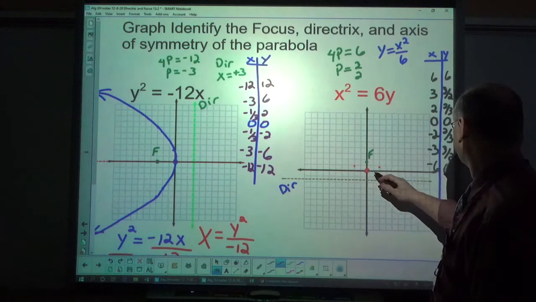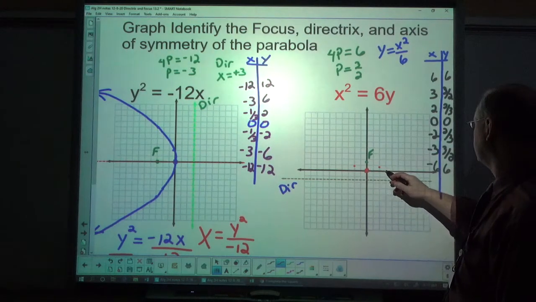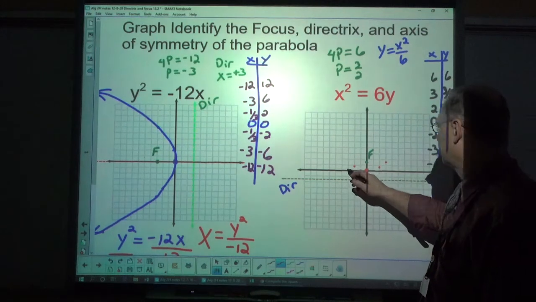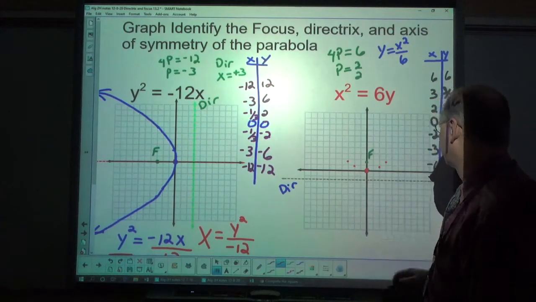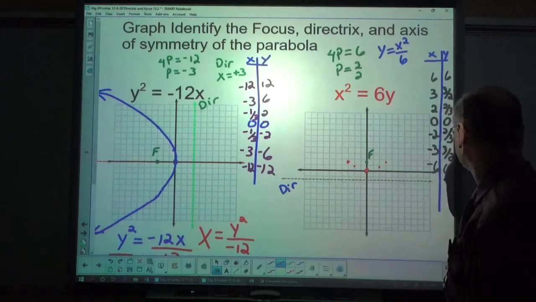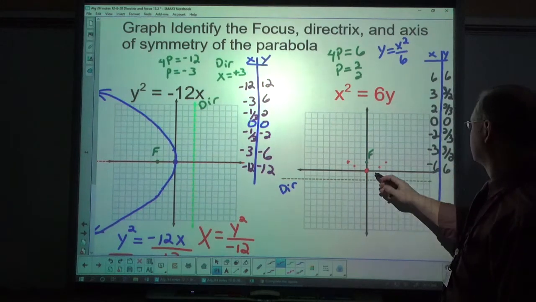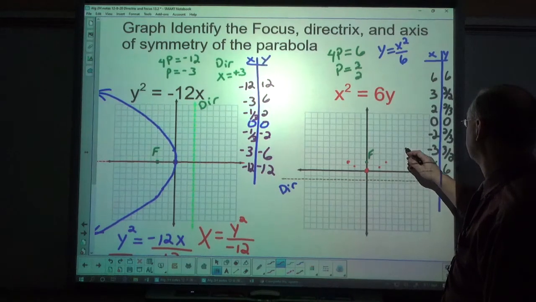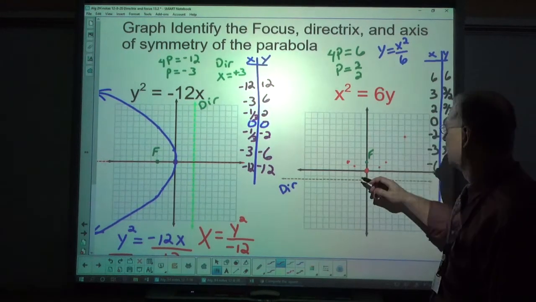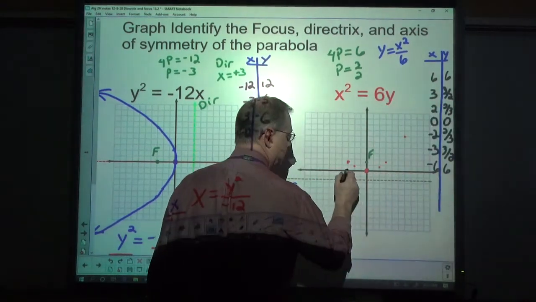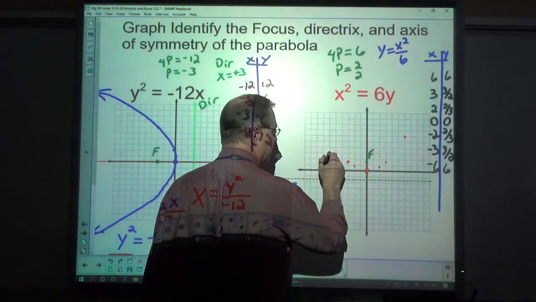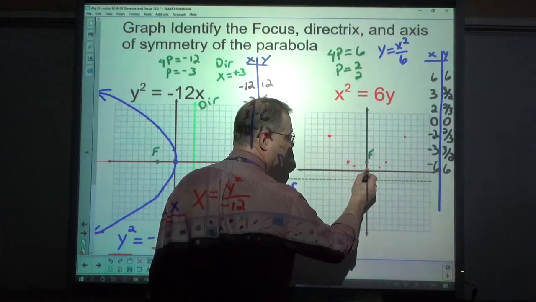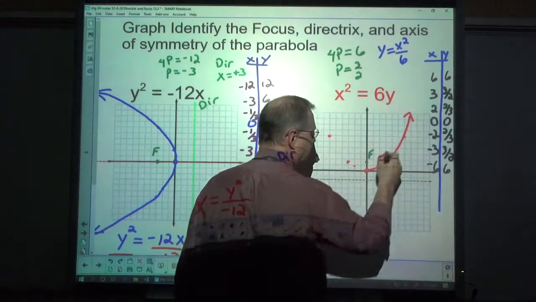It's not quite up right, but (3, 1.5). (-3, 1.5). (6, 6), (-6, 6). And there's my graph.